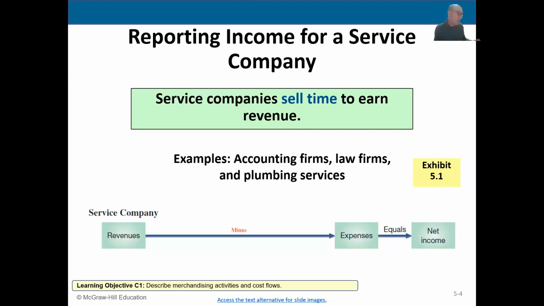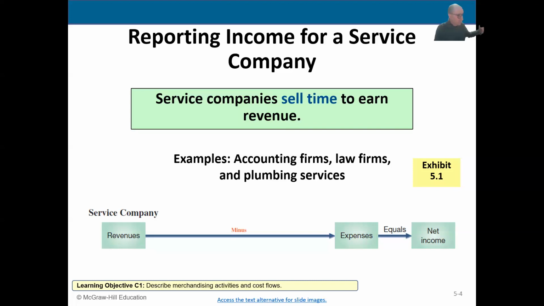A service company is a company that provides a service. It could be a lawn care service, a hair salon, a barber shop, an accountant, a lawyer, a plumber, a handy person. These are all services.